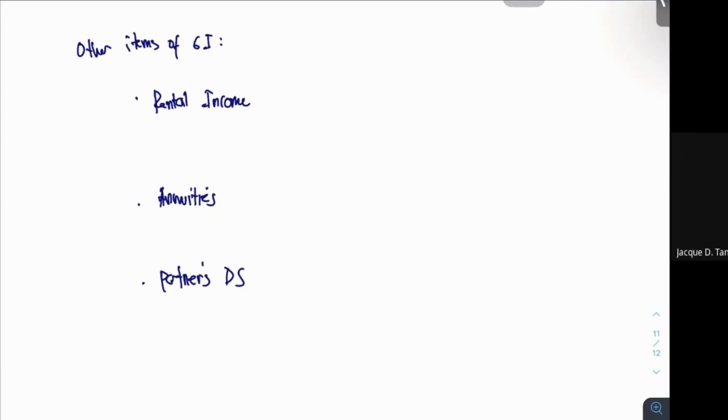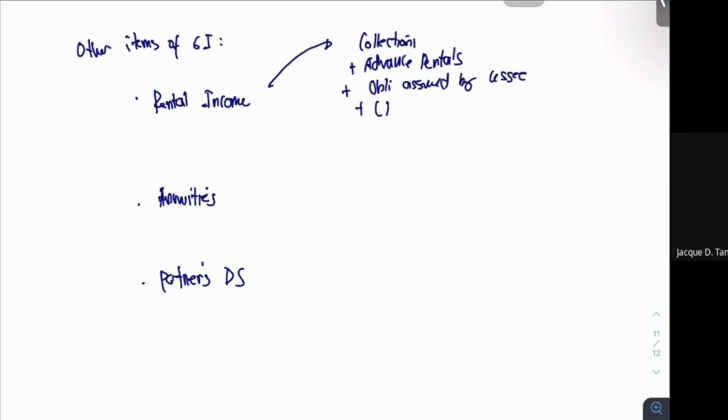For rental income, it is composed of your collections plus advanced rentals. Aside from your advanced rentals, we need to add any obligation assumed by the lessee. Then we add leasehold improvements. This is your total rental income.